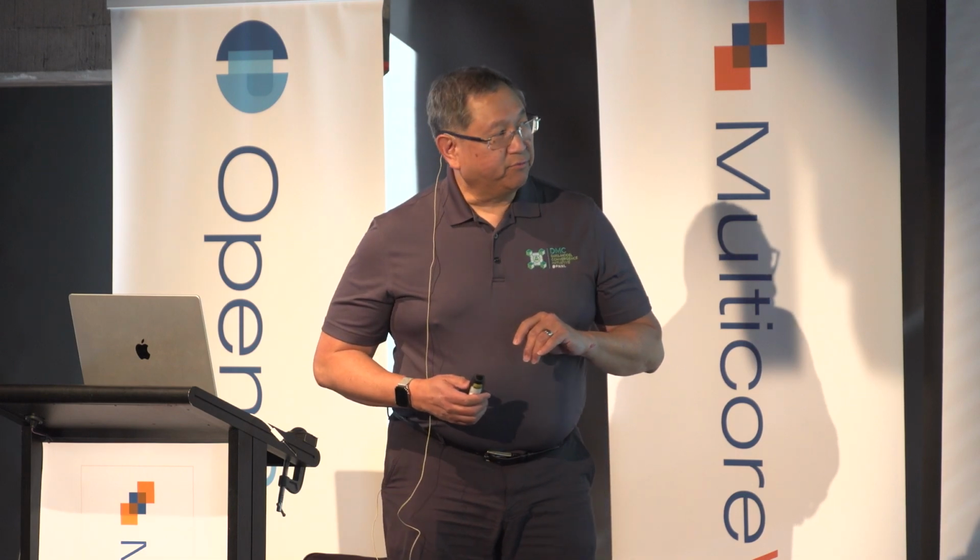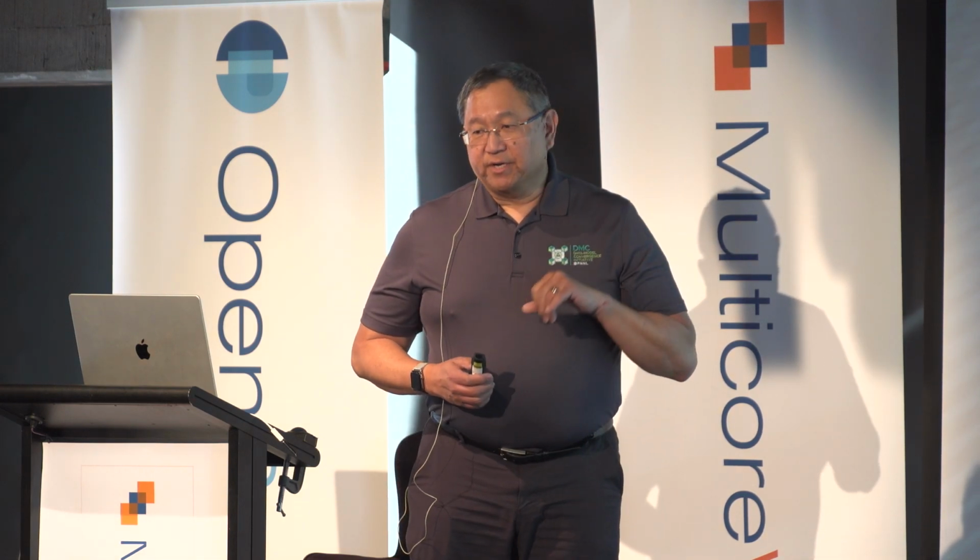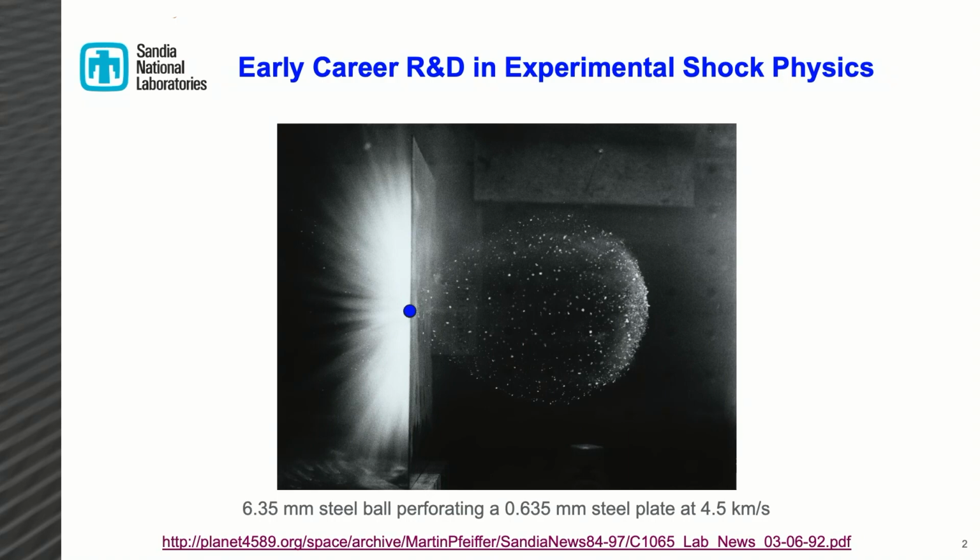So a little over 33 years ago, I was hired into Sandia National Labs, and I was doing work in an experimental shock physics group. The problem I was looking at and the opportunity I was given was to develop a pulse laser holography system to capture impact-generated fragments.